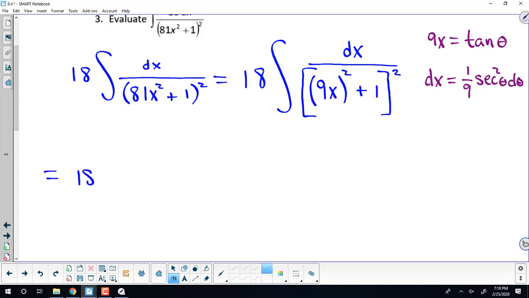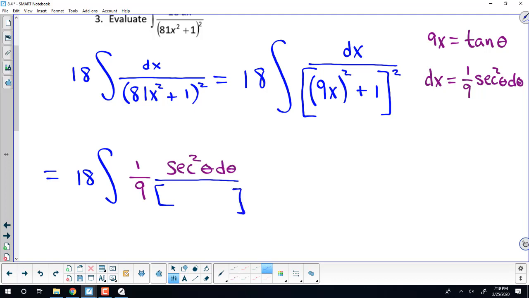So we have our antiderivative, our dx, 1/9 secant squared theta d theta, and then our quantity squared on the bottom is just tangent squared plus 1.